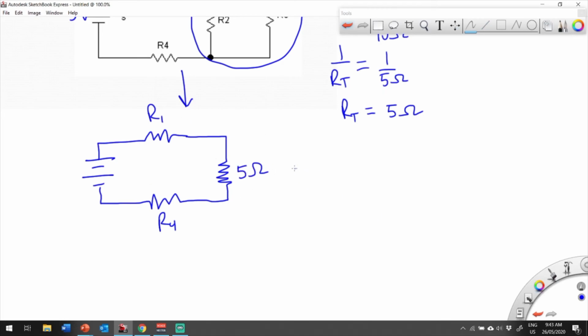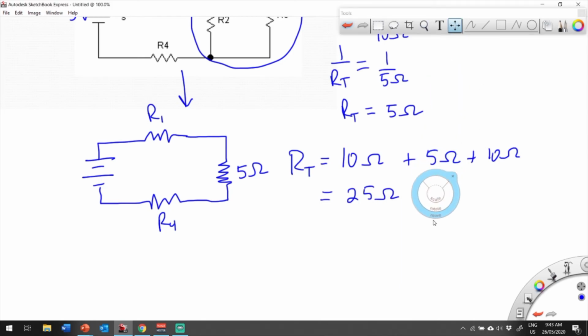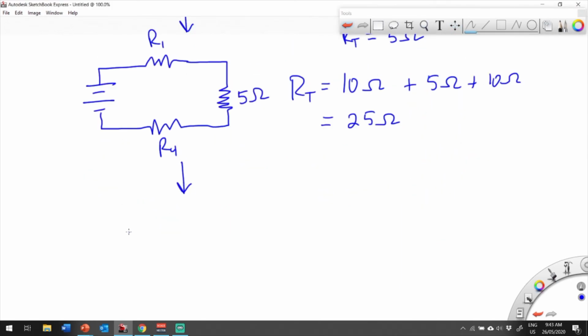The total resistance will just be the 10 ohms plus the 5 ohms plus the 10 ohms, and this will end up being 25 ohms. So now we can break this problem down to a single resistor with a value of 25 ohms.